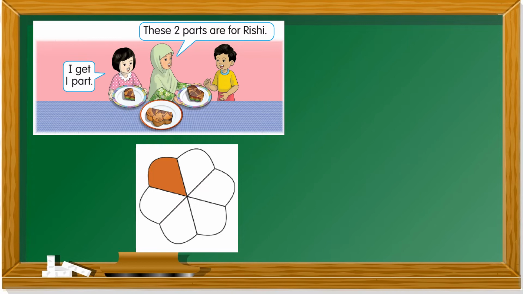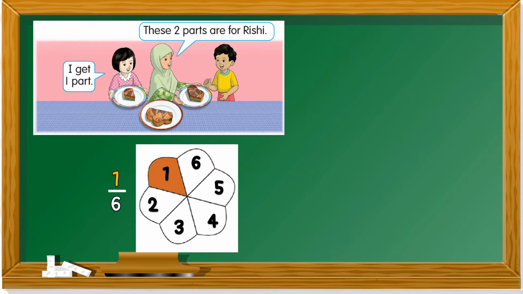How many parts were cut? 1, 2, 3, 4, 5, 6. So the girl gets 1/6.